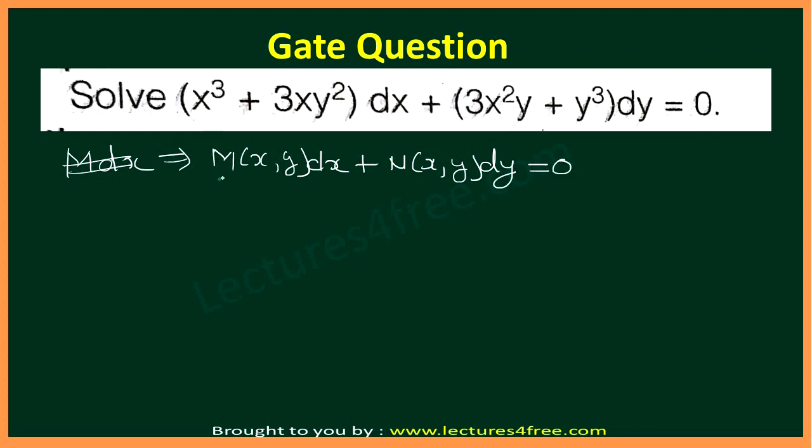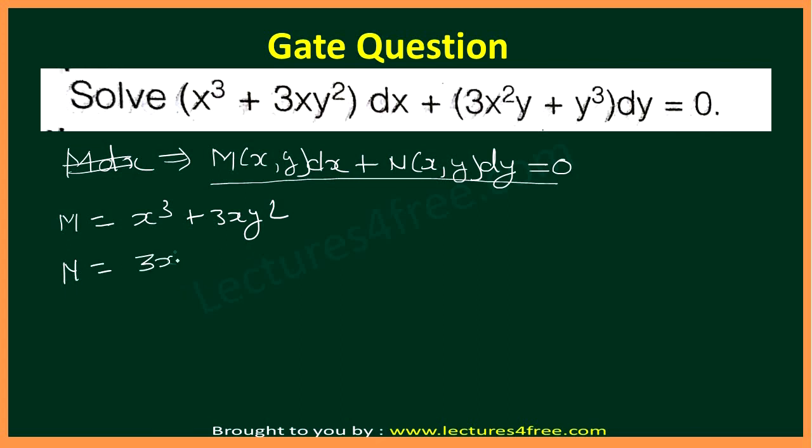The given equation is in the form of M dx plus N dy, where M is equal to x cube plus 3xy square, and N is equal to 3x square y plus y cube.